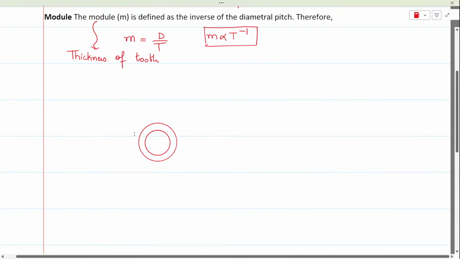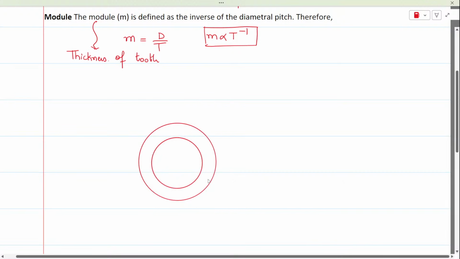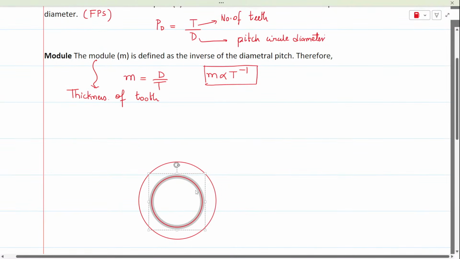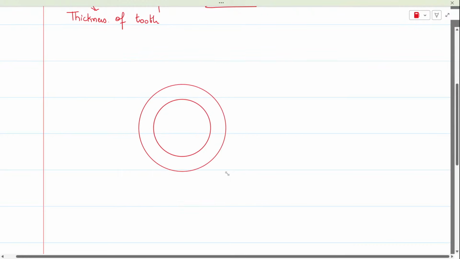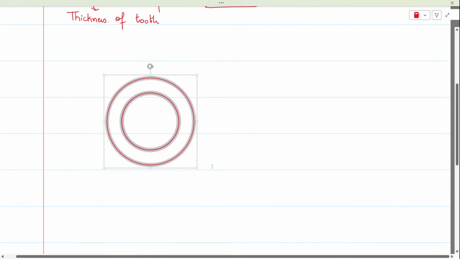But now we only consider the base and pitch circles. What about the other two circles? We are not going to consider them because for doing the force analysis, we only need the base and pitch circles.